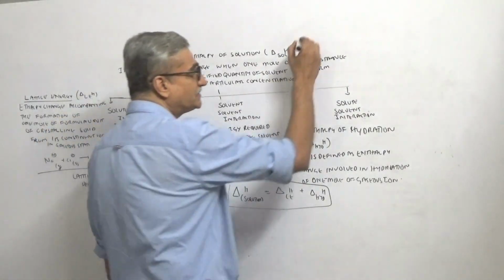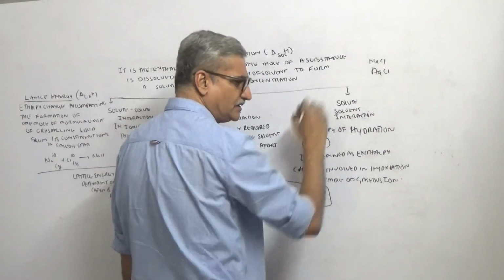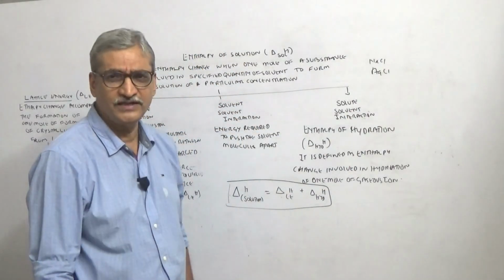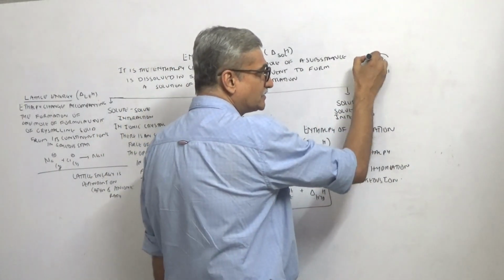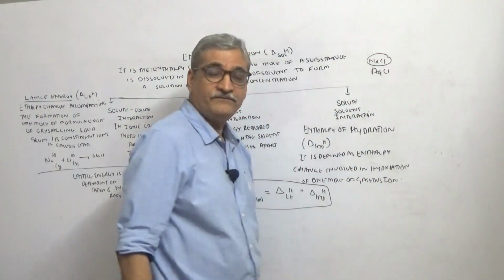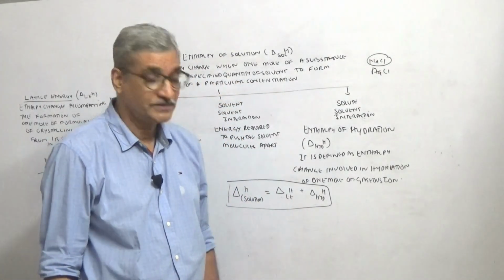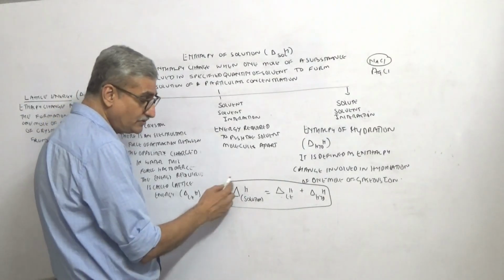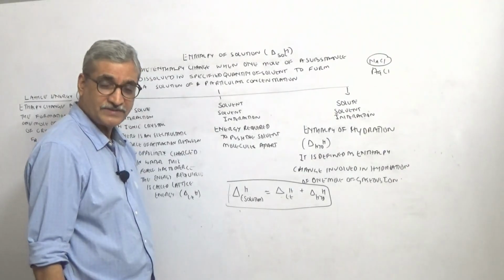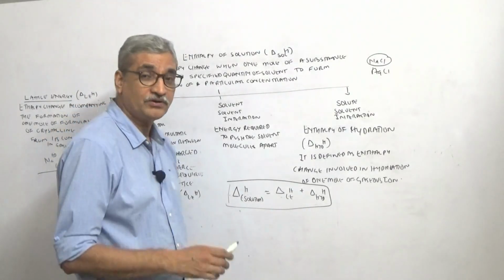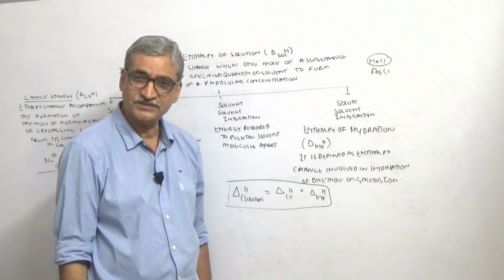See what happens is, why is silver chloride a sparingly soluble salt and why is sodium chloride a freely soluble salt? See, in this case what happens, whenever we dissolve something, where is the heat going to come from? The heat is going to come from the solution. If this heat energy is more, what happens? That will be more than the energy required for it to dissolve, and then it will dissociate.